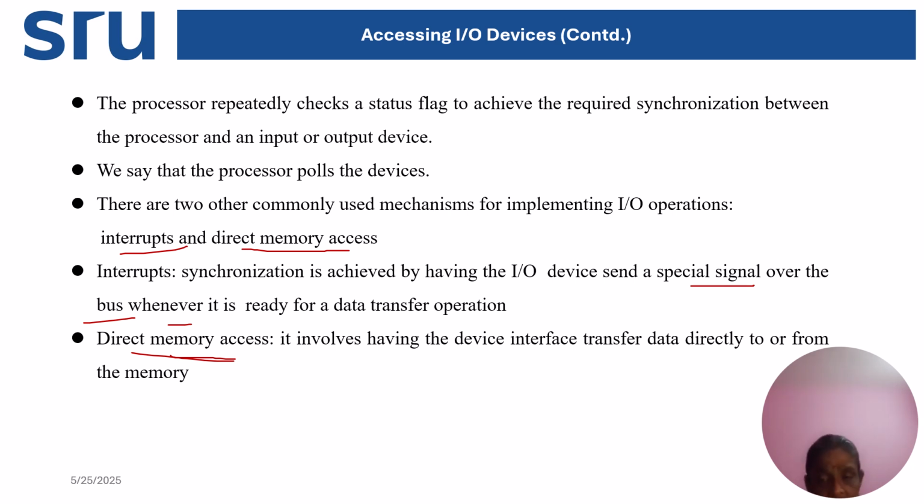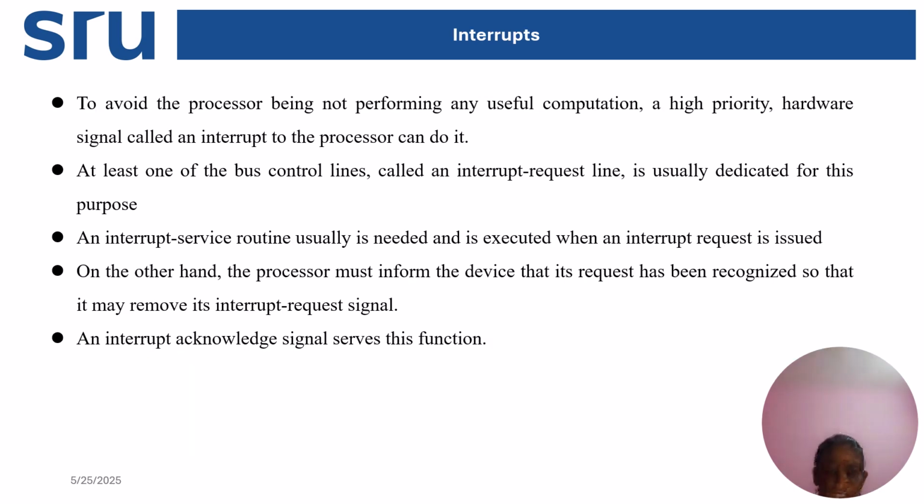So it is direct access from the memory to IO devices, and not single bits or bytes but a block of data at a time is transferred from and to the memory or IO devices. This avoids the processor not performing any useful computation.